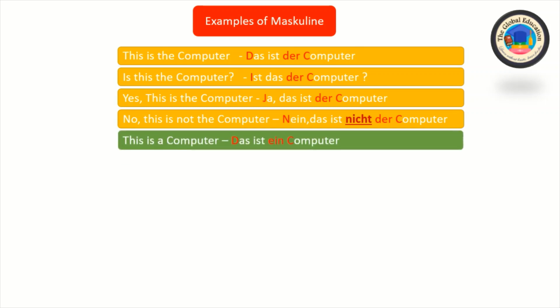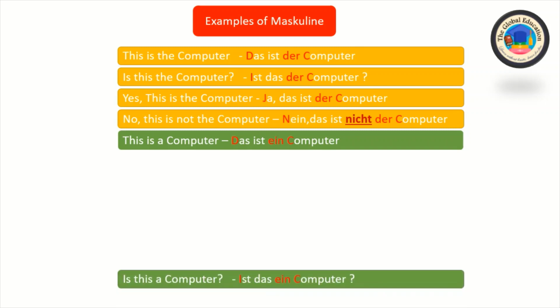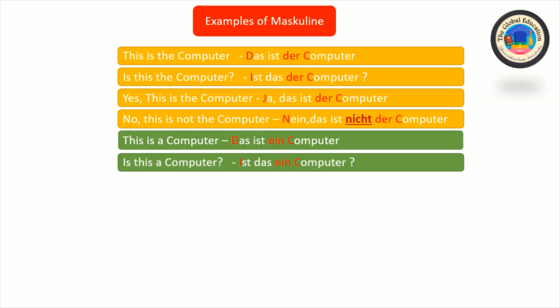Let's see a different example like this is a computer. First we used the computer, and now we use a computer. This is a computer. Das means this, ist means is, ein means a, and computer means computer. So here we use ein and C capital. Is this a computer?